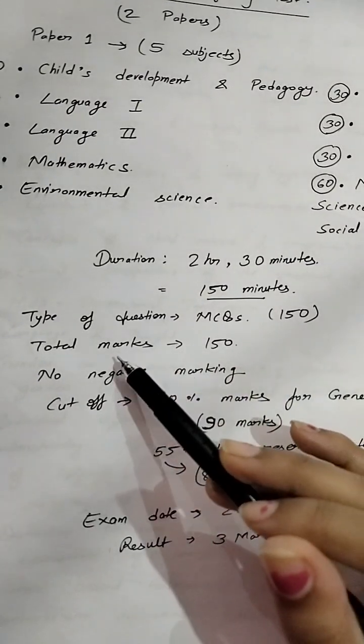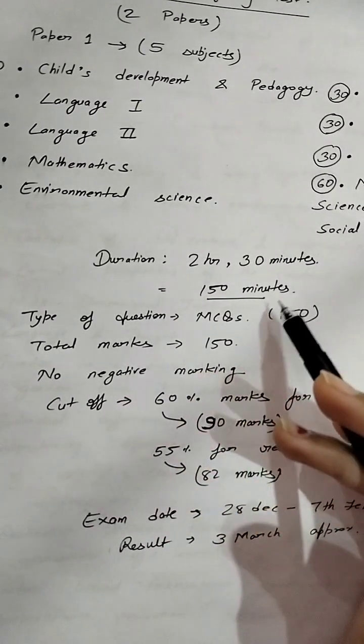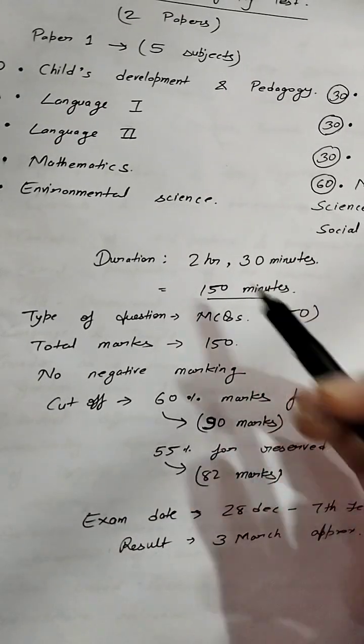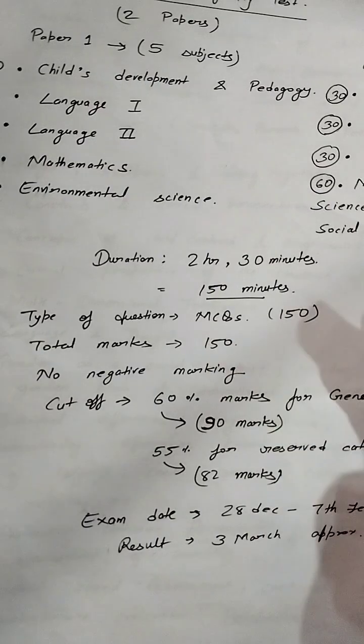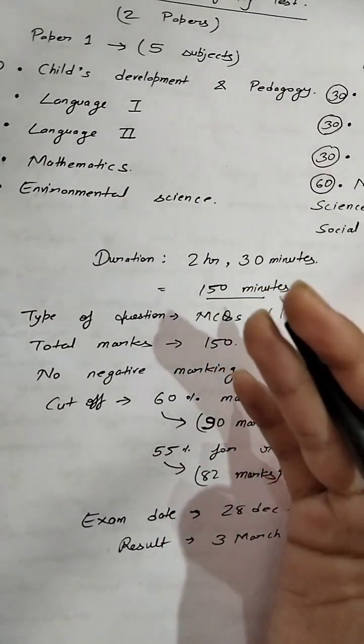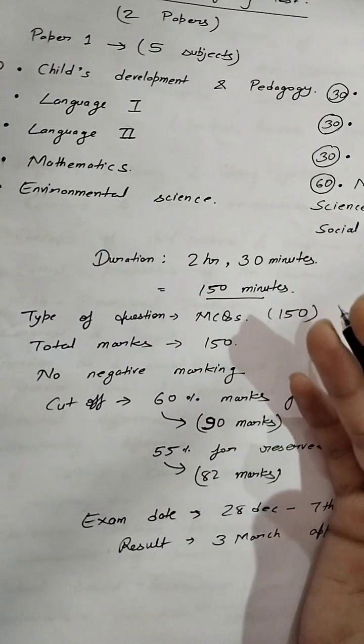There would be a total of 150 marks for one paper exactly. So we can see that this whole exam is going to comprise 300 questions from paper 1 and paper 2, and the total marking would be 300.